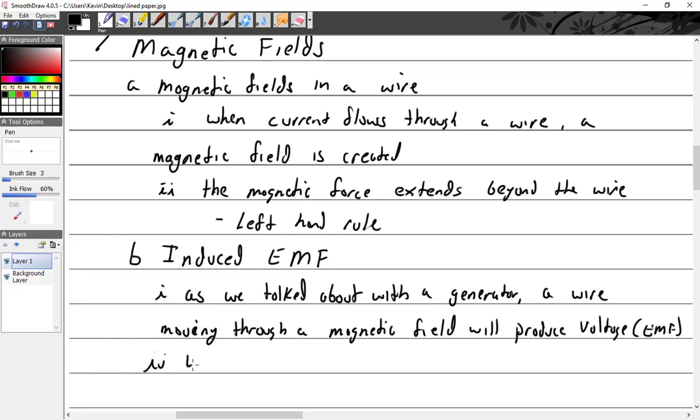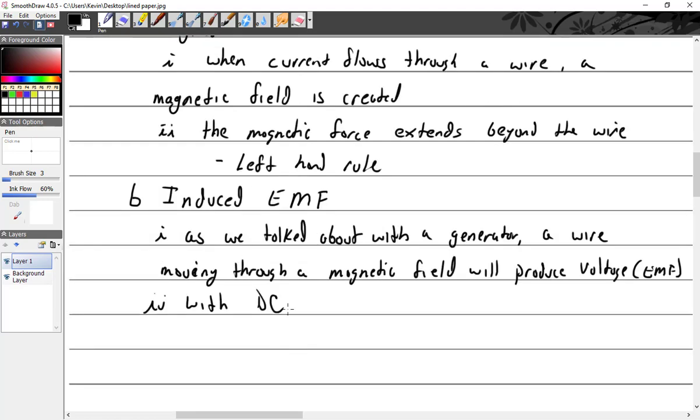All right, with DC, the voltage goes from 0 to max almost instantaneously. So with DC, the voltage goes from 0 to max pretty much instantly, as long as the current's flowing.